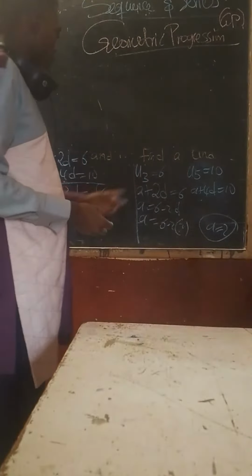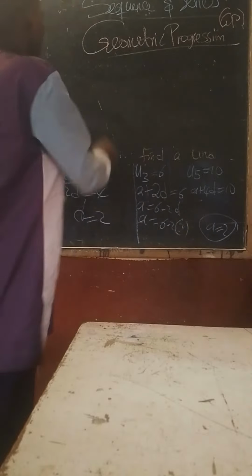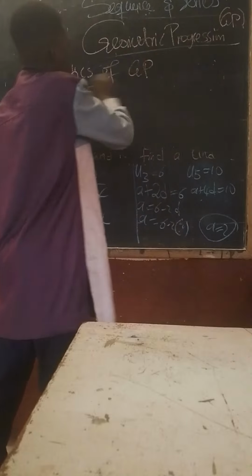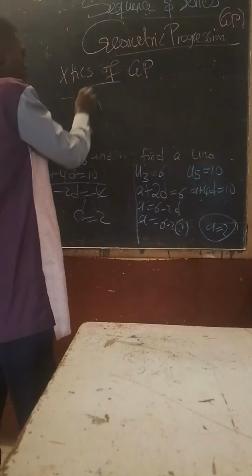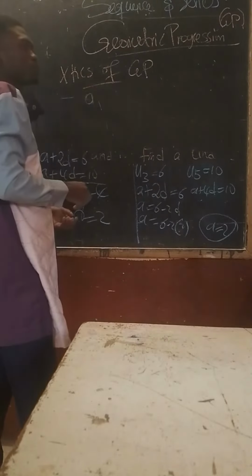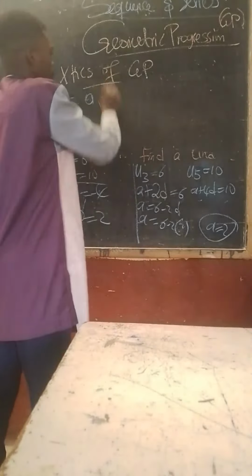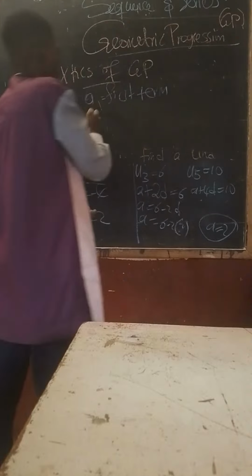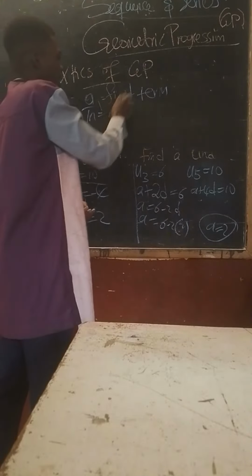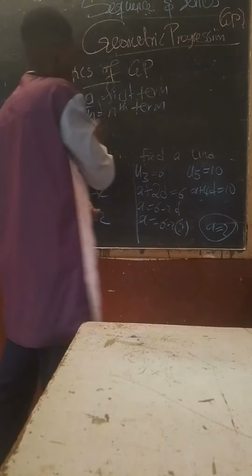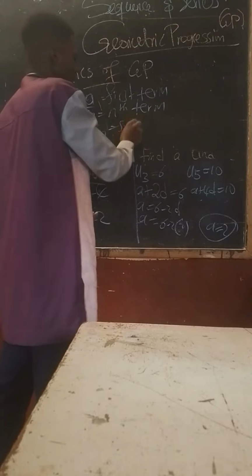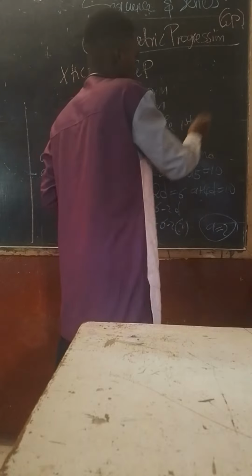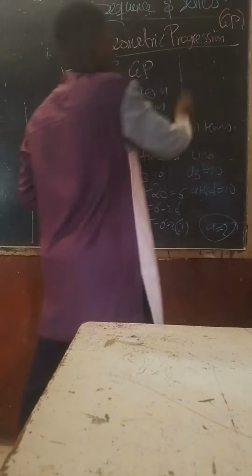Okay, now, GP. Characteristics of GP. We have the first term, A. Then we have Tn, the nth term. We also have Sn, the sum of the first n terms.